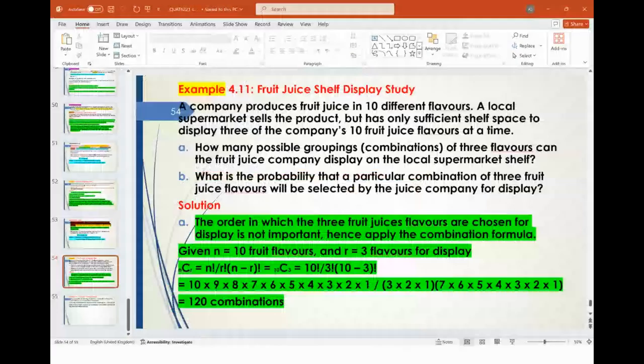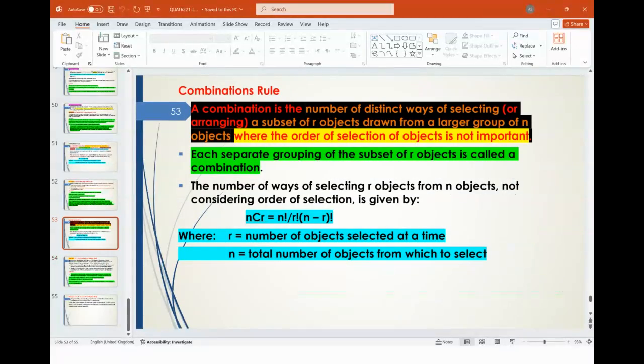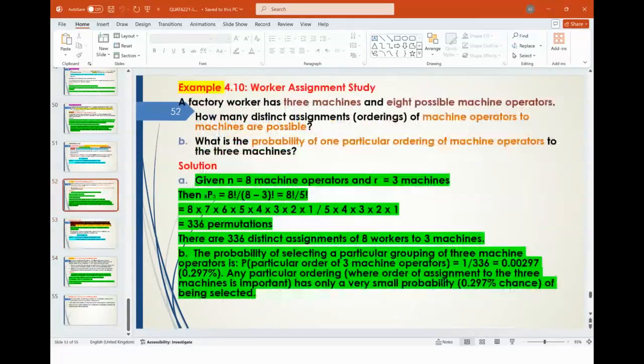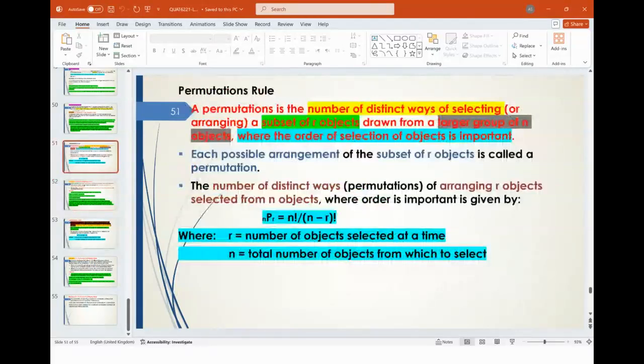Nope, it's not conditional. Conditional is if this happens, what's the probability of this happening given that this has happened? That's conditional. It's on the board, on the projector.